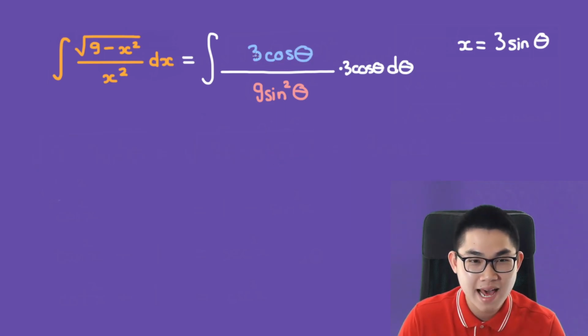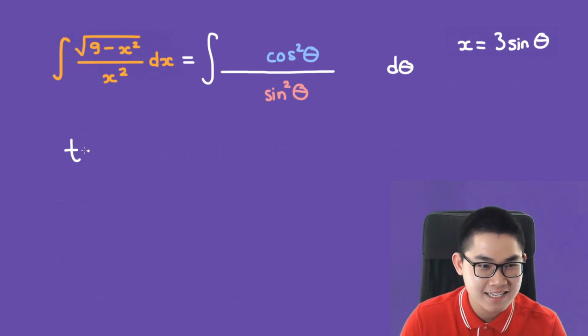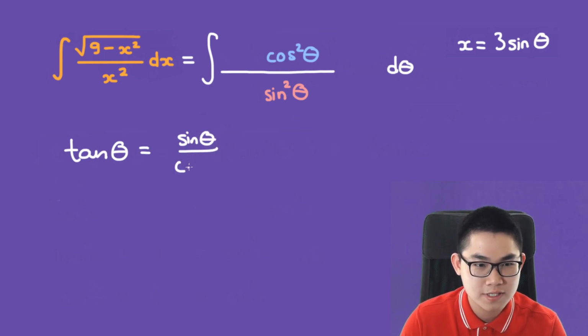Let's go ahead and multiply 3 cosine with 3 cosine over here. So we will get 9 cosine to the power of 2. And here the 9 and this 9 will cancel out. So what is this going to be? We know that tan is equal to sine over cosine. How about cotangent?